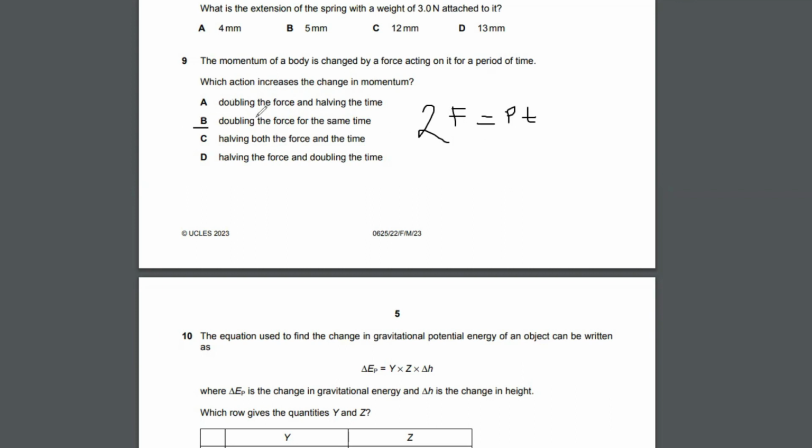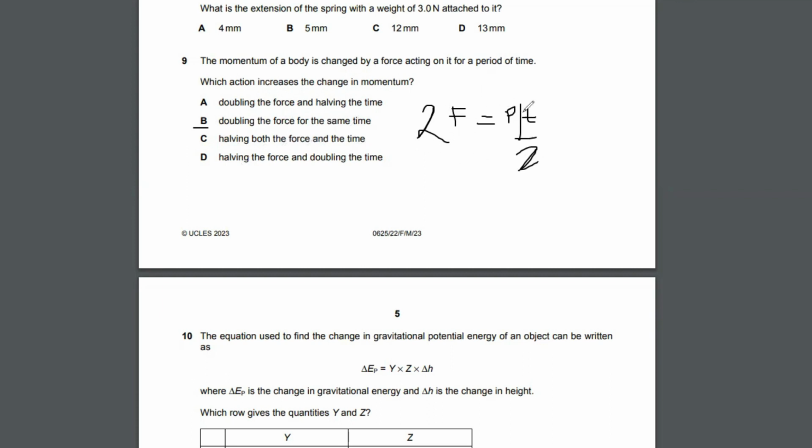If I do, let's say the first one, double the momentum half the time, then this 2 and 2 get cancelled. So I get again the same momentum. So the momentum hasn't changed. For the C and D, halving both the force and time.